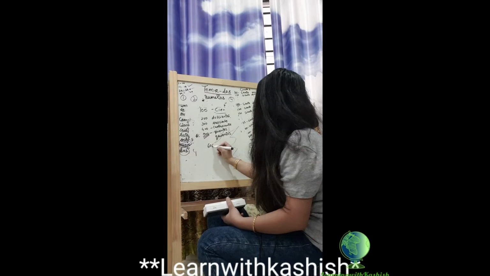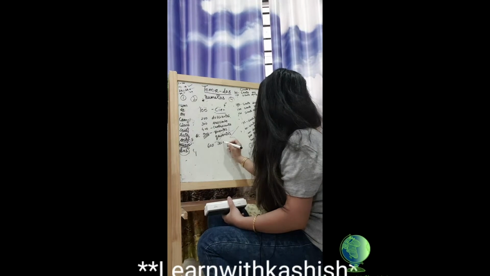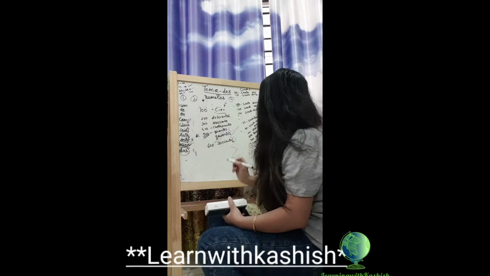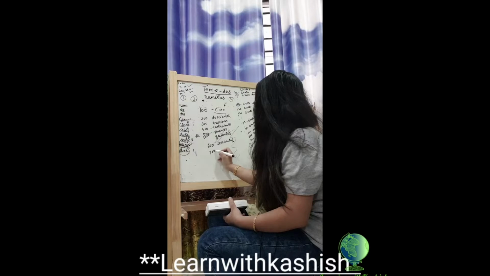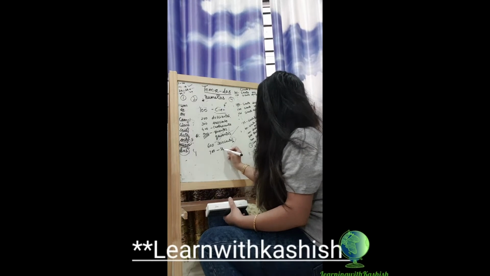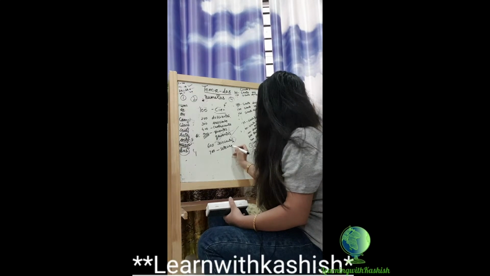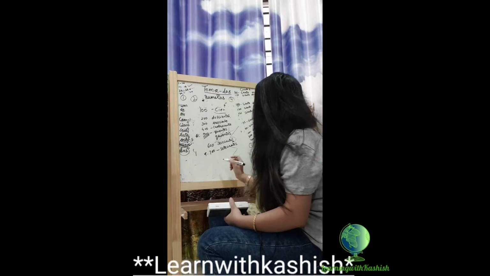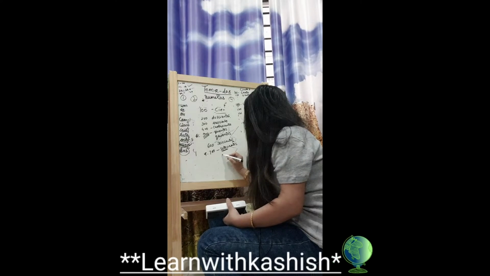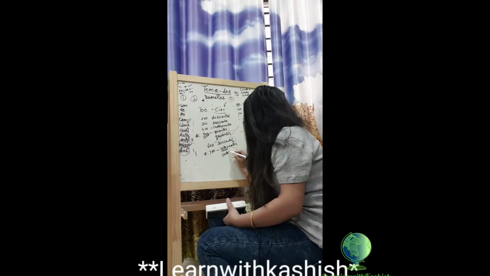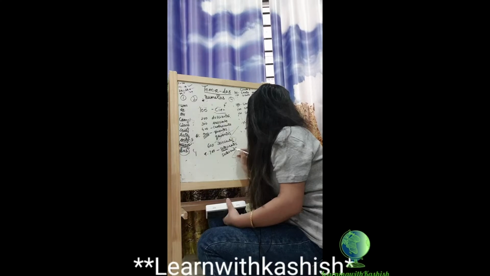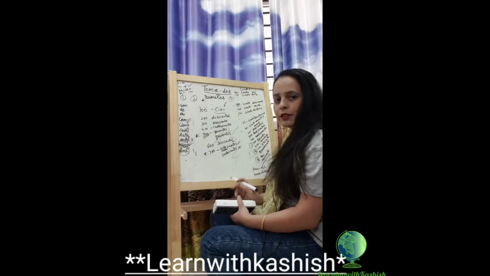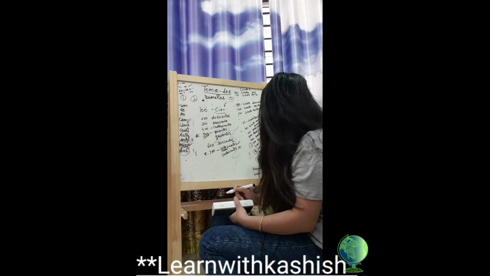Then 600 is similarly seiscientos. Again remember S. Then 700 is setecientos. You remember this also, because here it is 7. It is not sietecientos. It is not like that. This will be setecientos. This also I will tell you in a different lesson.